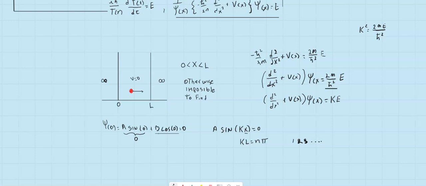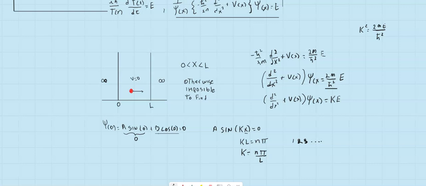Okay, so now, what is the value of k? Well, k is going to be equal to n pi over L. That's k.